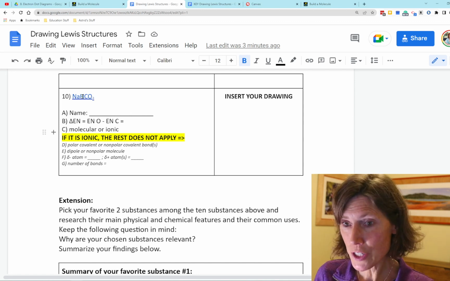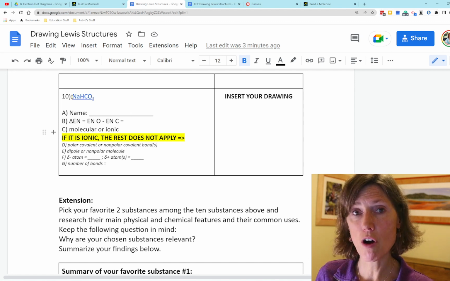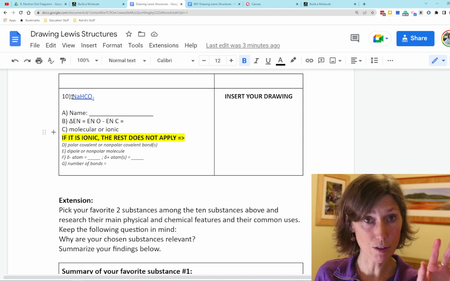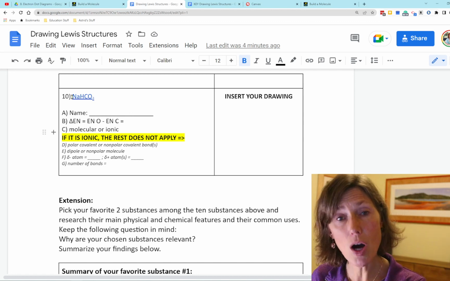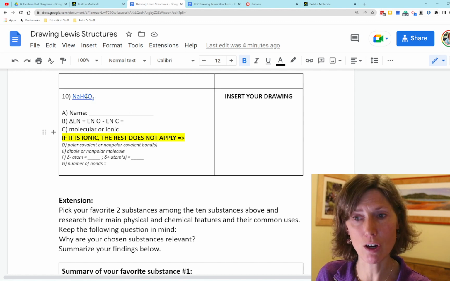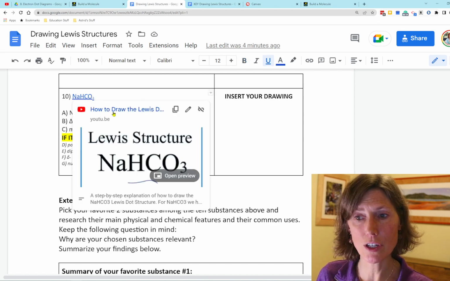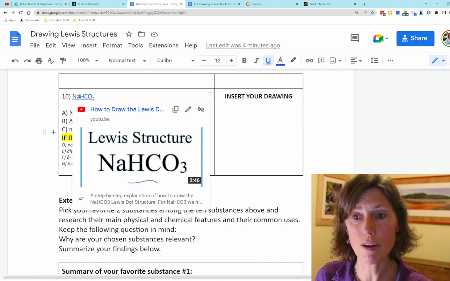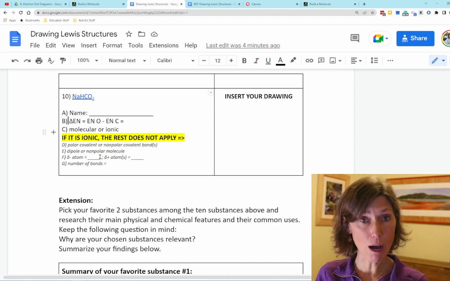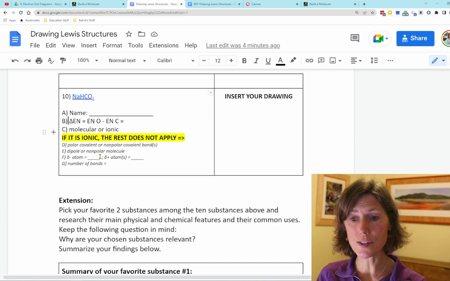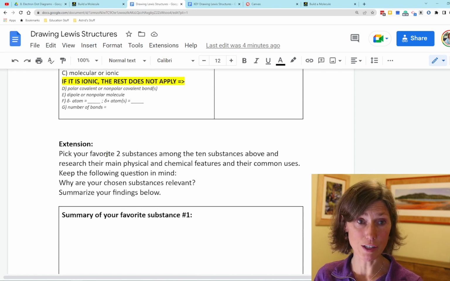That one's pretty tough because it involves not just the monatomic ion sodium, but also the polyatomic ion bicarbonate. I actually linked here a YouTube video in my handout to help them draw that bicarbonate ion, which is a little bit more difficult.